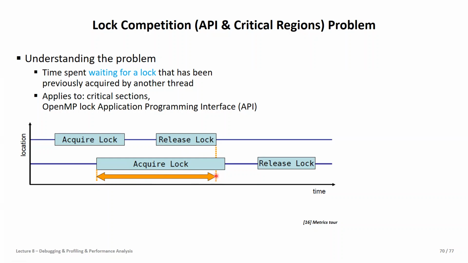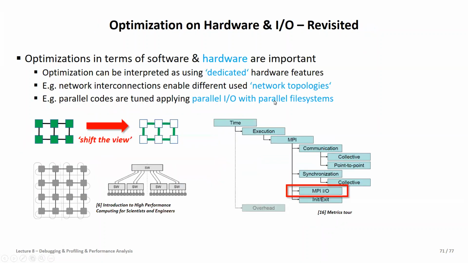It's natural to do so, but it in fact impacts your parallel execution behavior. So maybe you want to release the lock earlier so that you can reduce this time, so that the thread is not waiting so long. Of course, critical sections are needed, but they hamper your performance significantly.